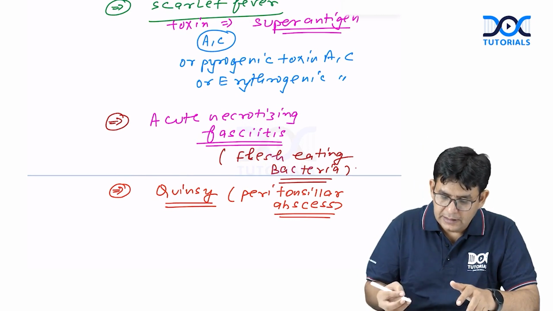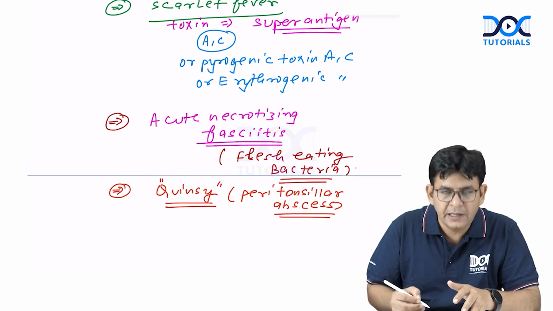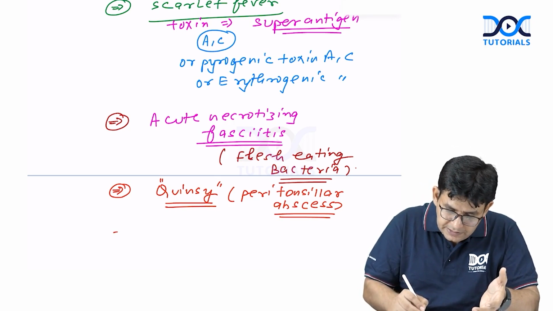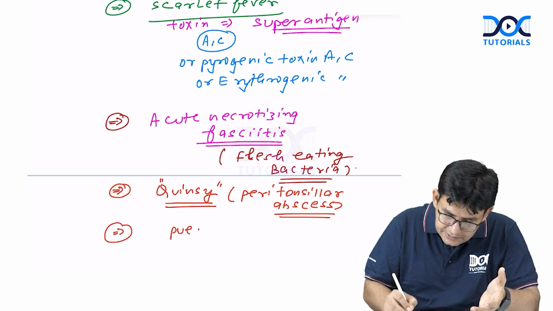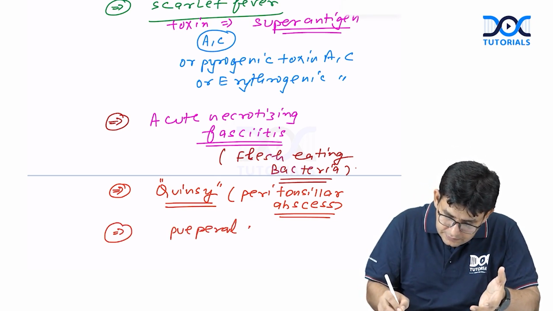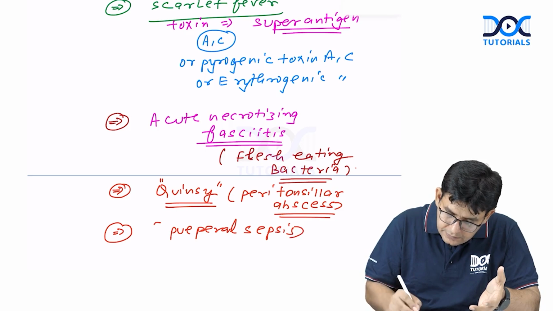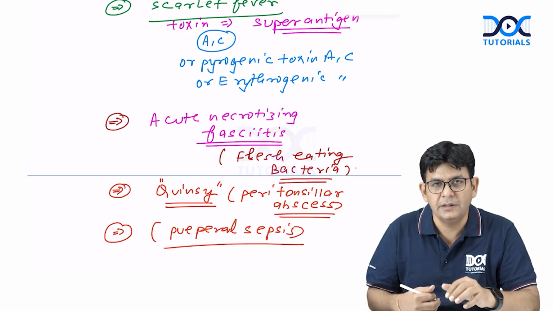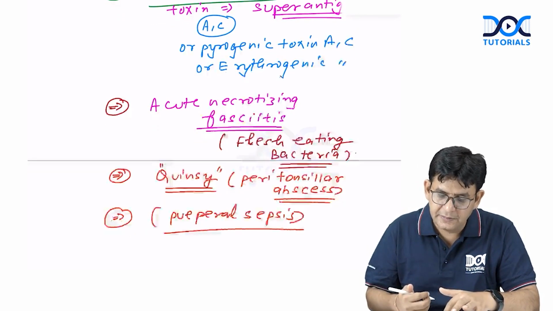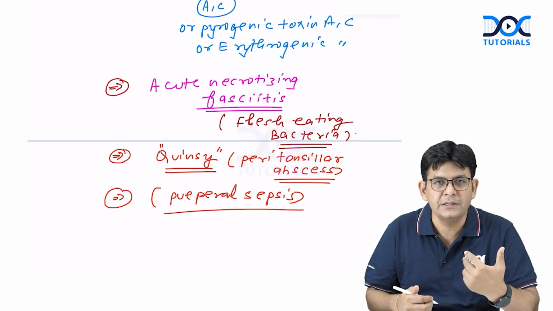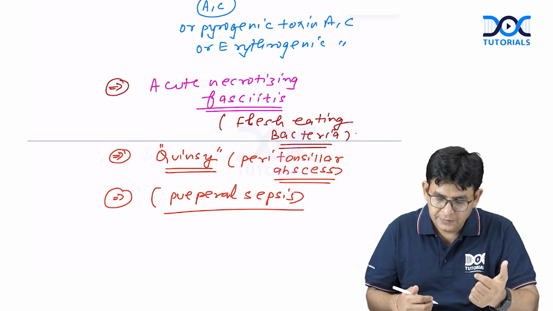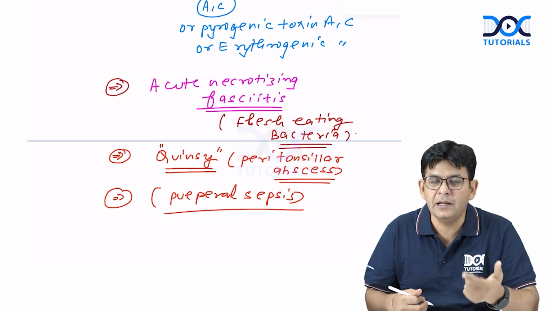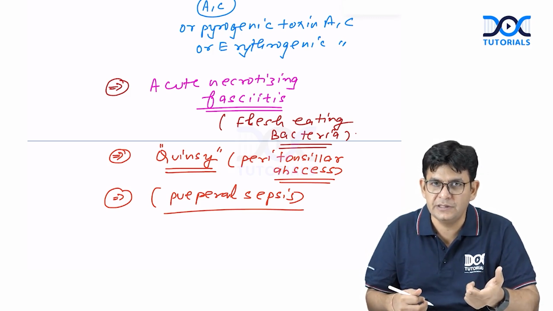Now, other than that, if somebody asks you which other things Streptococcus pyogenes does, remember this, guys, puerperal sepsis. After the pregnancy, the infection happens in the puerperal period. That is done by Streptococcus pyogenes. Is it fine? So these are the important pyogenic infections which are done by Streptococcus pyogenes.